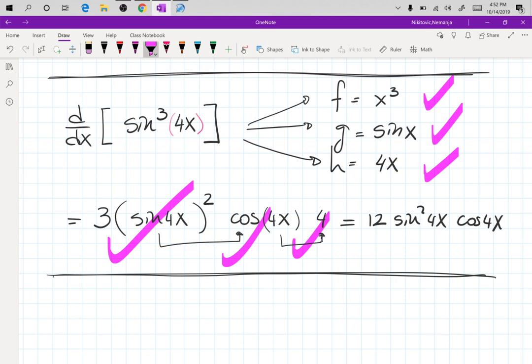So you have your x cubed because you rewrite this as sine 4x everything cubed. That becomes 3x squared. And then you go down the line. Fair? Right. Let's see what else.